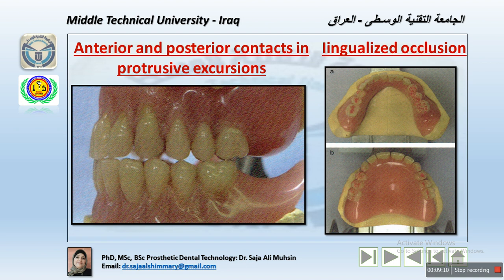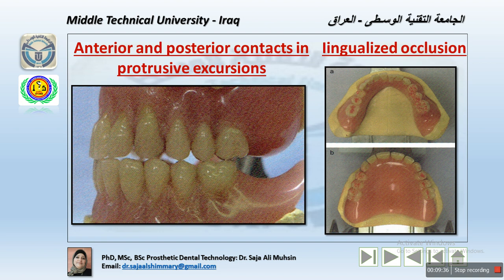These are the marked lines, which are uniform on the left side, while on the right side we can notice that the lingualized occlusion teeth occlude in different contacts, and this provides stabilization.